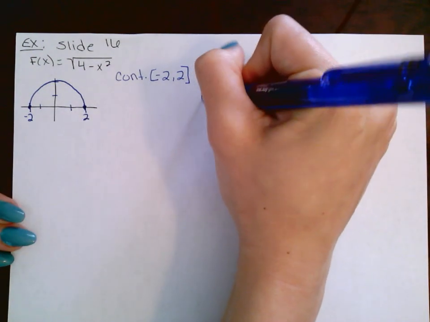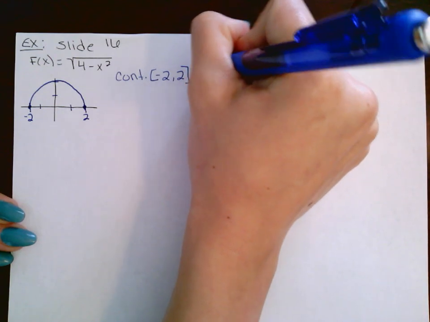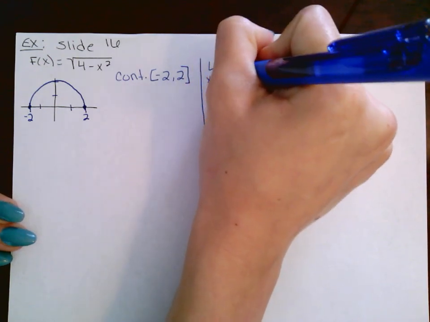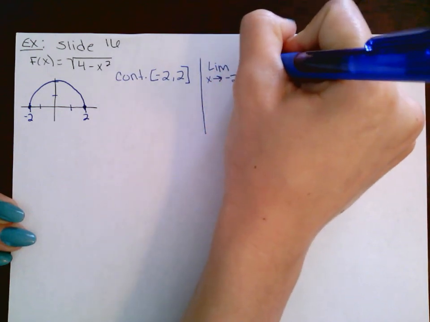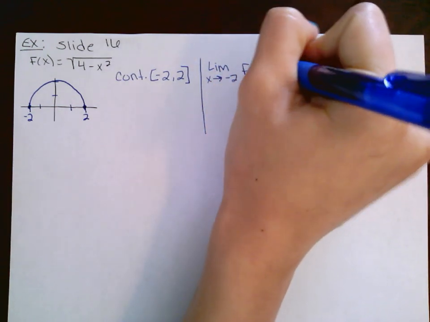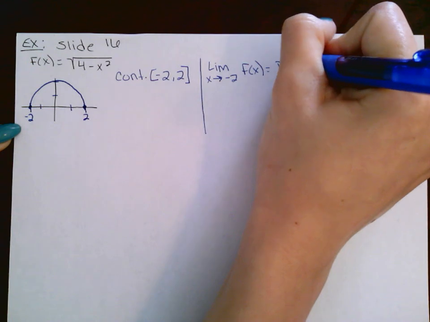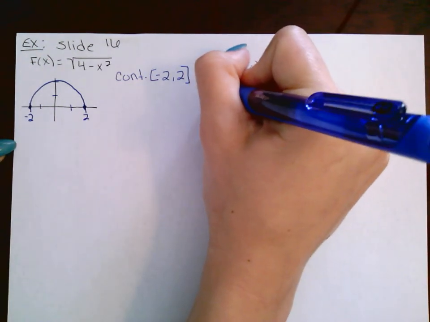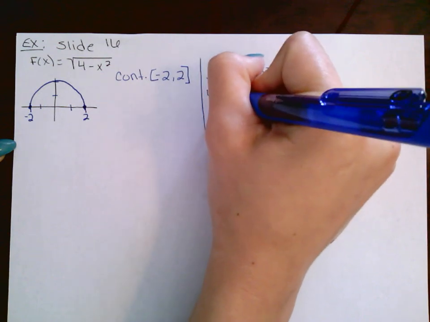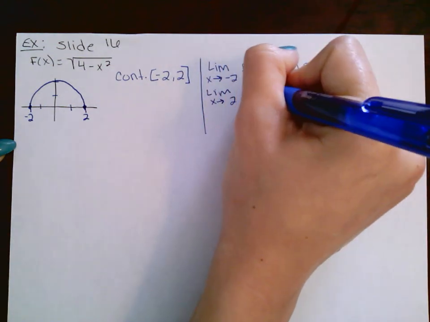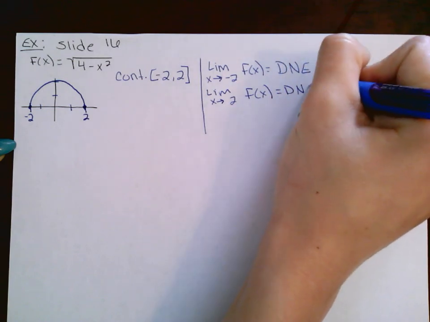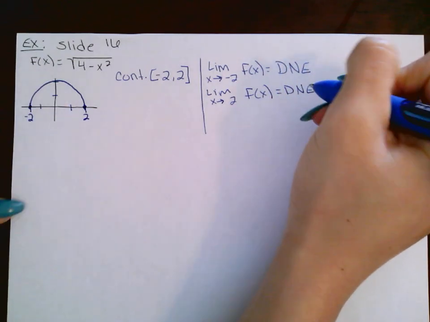So I'm going to write a few of those down. We don't need all of them. Again, these are just hypotheticals that I'm giving you. We said at negative 2 it does not exist because it only exists from the right side. We can say the same exact thing about positive 2, that it does not exist because it only has something coming from the left.